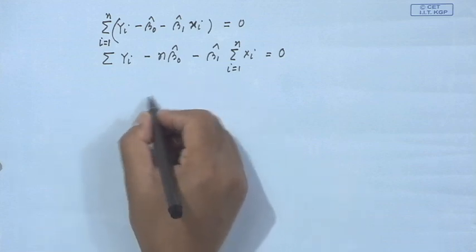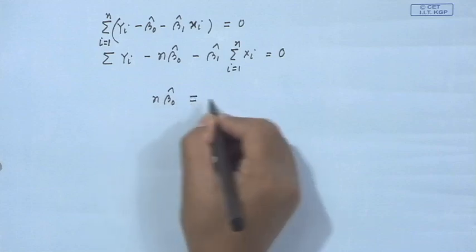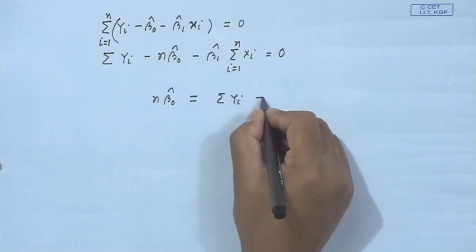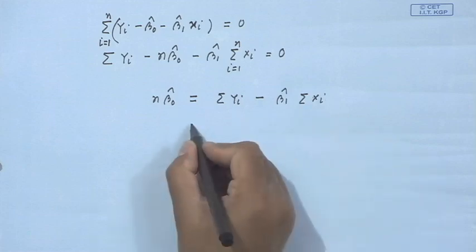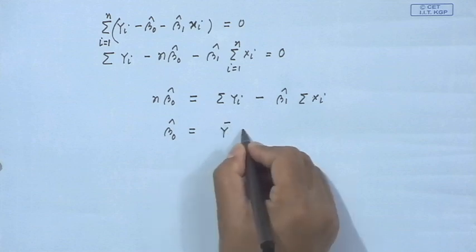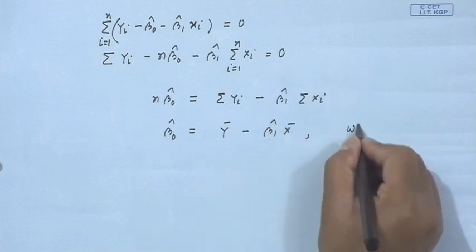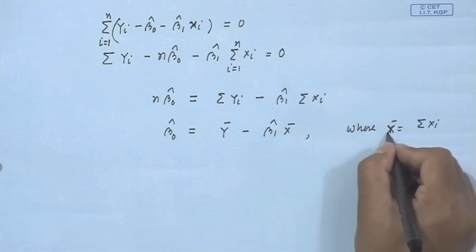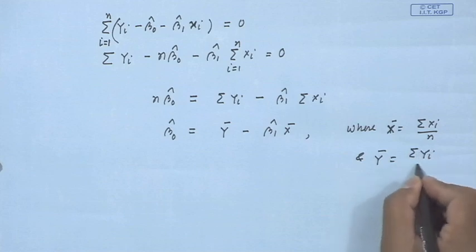Then n beta naught hat is equal to summation y I minus beta 1 hat summation x I, and from here beta naught hat is equal to y bar minus beta 1 hat x bar, where x bar is equal to summation x I by n and y bar is equal to summation y I by n.